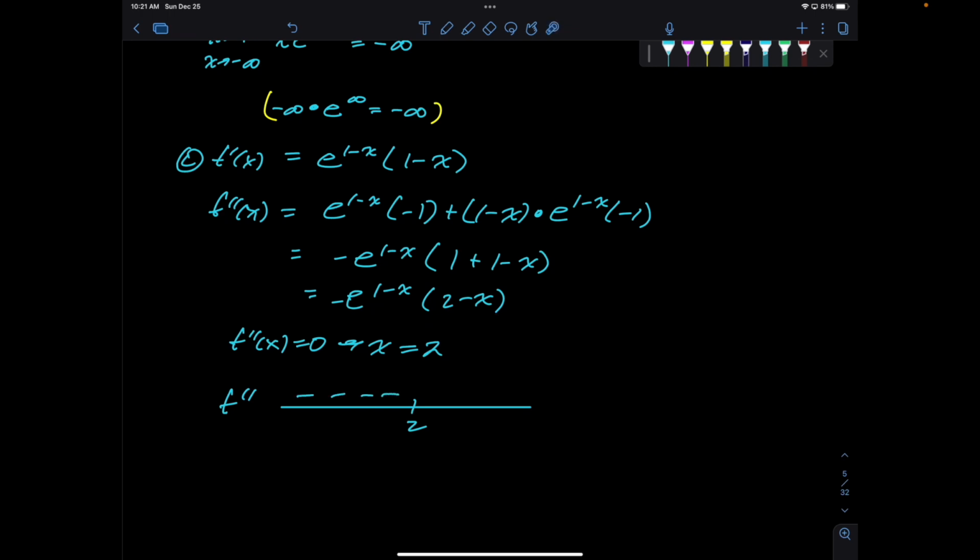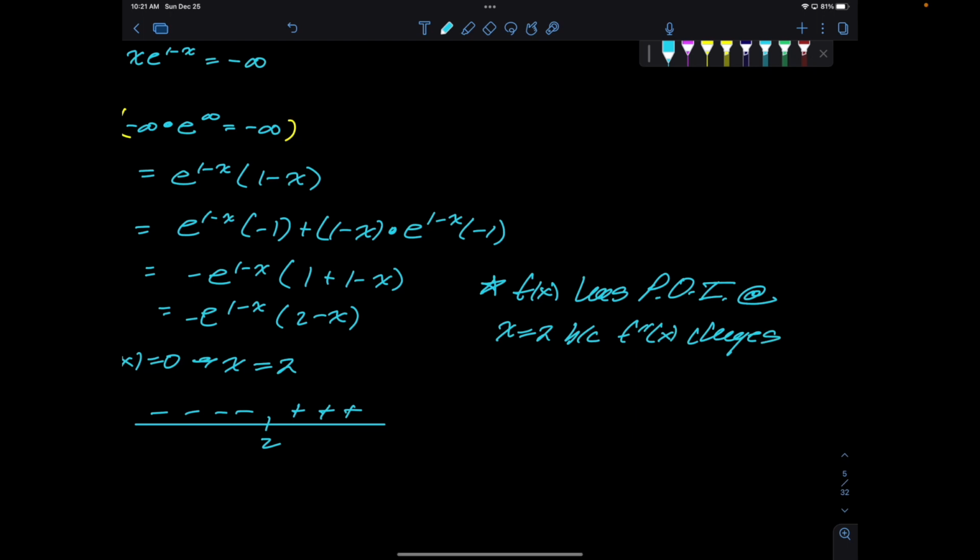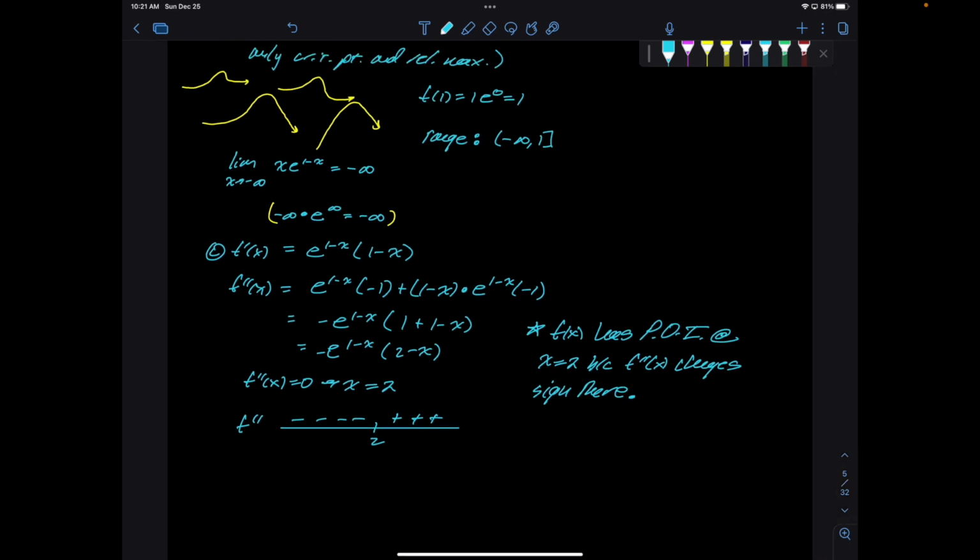And then if we plug in a billion, we get negative, and then we get negative, so positive overall. So I'm going to say over here, f of x has a POI at x equals 2 because f double prime changes sign there.